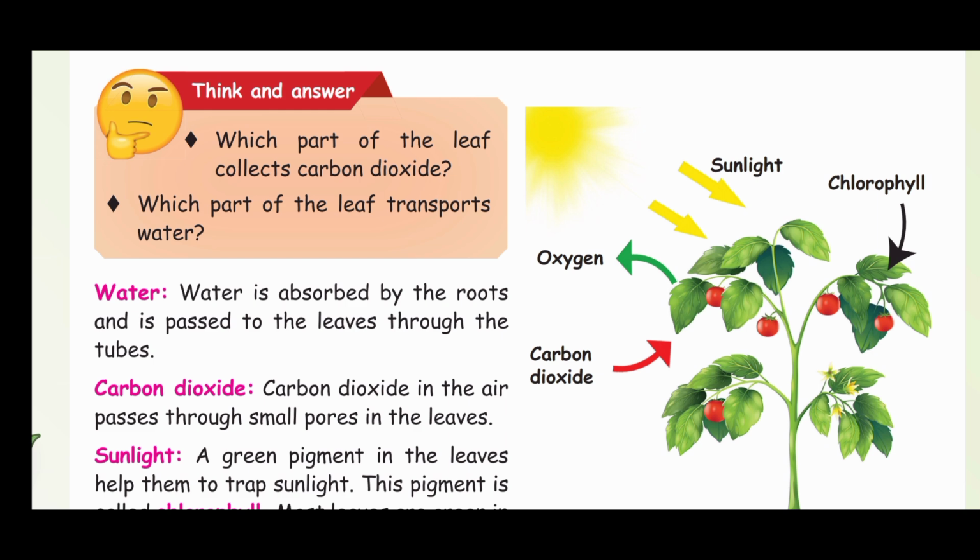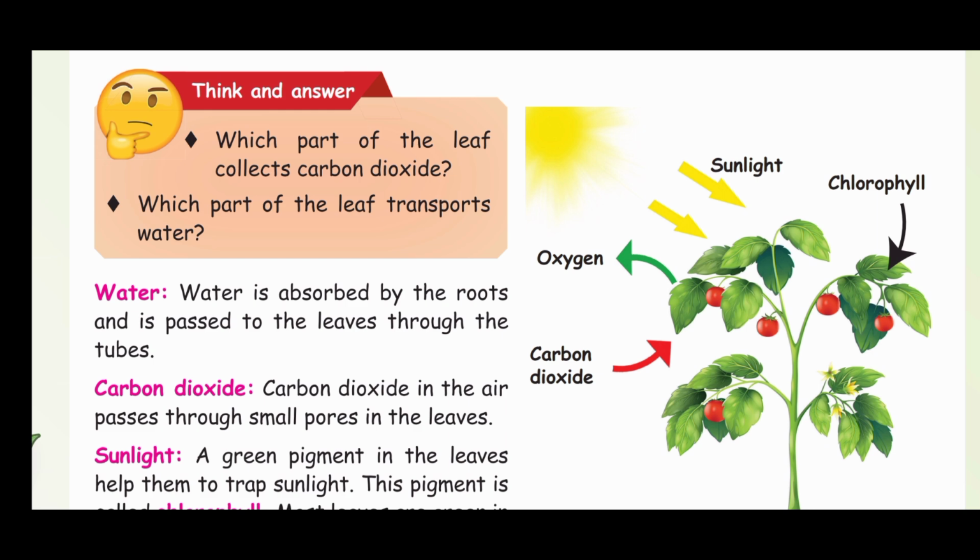Then carbon dioxide in the air passes through small pores in the leaves. Small pores means they are talking about stomata. So carbon dioxide from the atmosphere is absorbed through the pores of the leaves. Third one is sunlight. A green pigment in the leaves helps them to trap the sunlight.